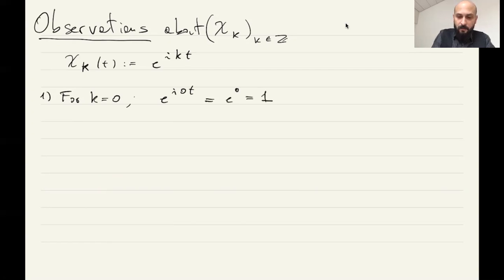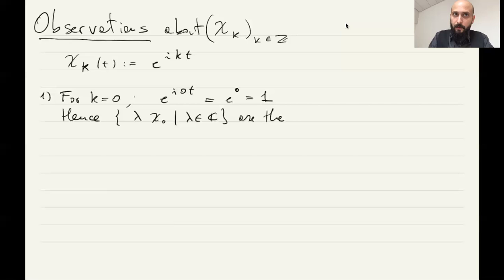Okay, so in other words, if you take lambda e_0, when lambda varies in C, then these are the constant functions. Two, what happens if we consider the algebra generated by these functions?